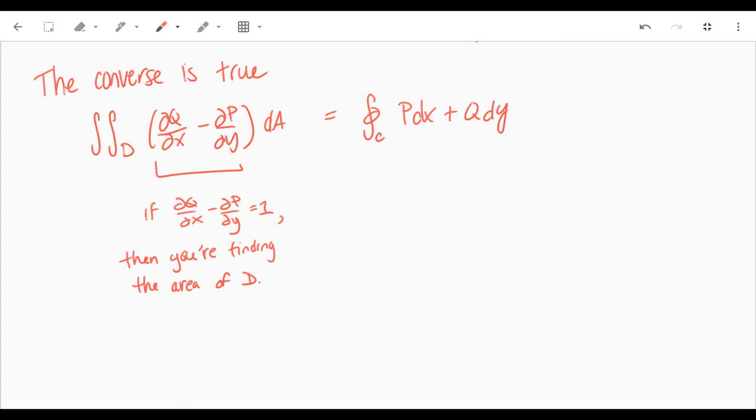If I'm finding an area, I know that this is the integral that I'm doing. If I can pick a P and a Q such that dQ/dx minus dP/dy equals 1, it's equivalent.